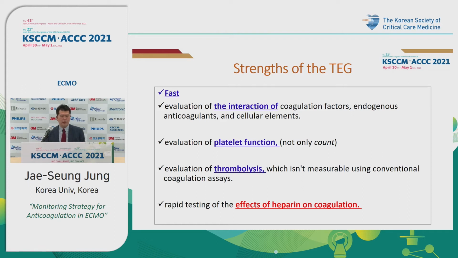Also, it can evaluate platelet function, not only count, and it can evaluate thrombolysis, which is not measurable using conventional coagulation assays. It allows repeat testing of the effect of heparin on anticoagulation, so we can determine the effect of heparin on clotting.